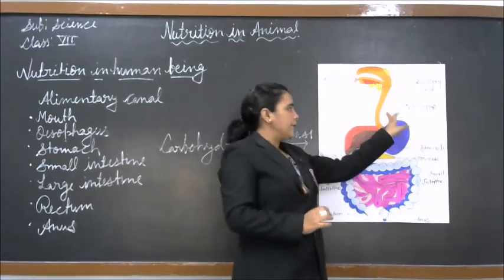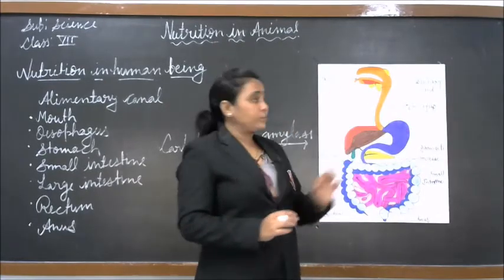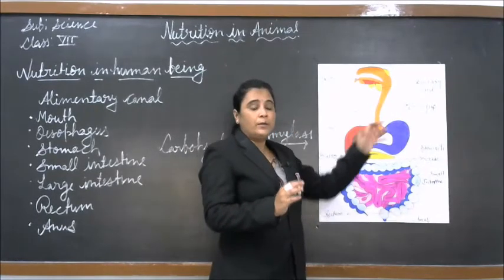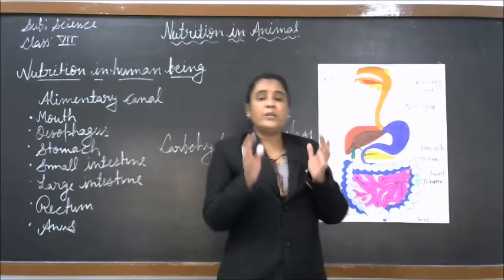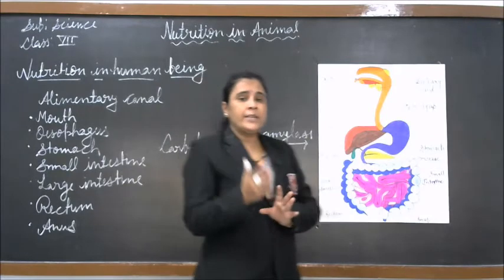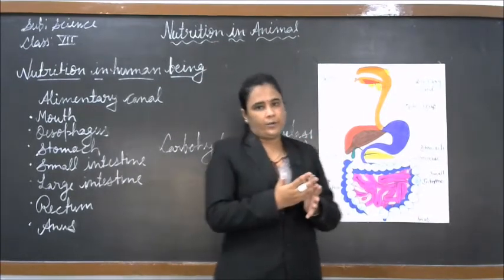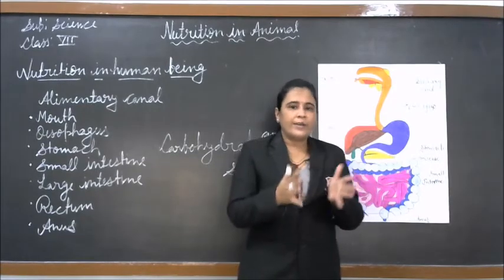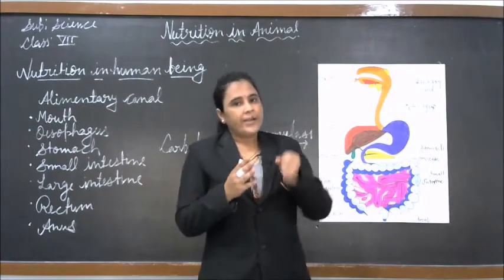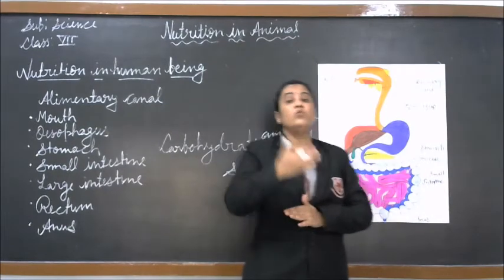The food pipe is made up of a special type of cells. These cells contract and expand alternately and produce a wave-like movement.